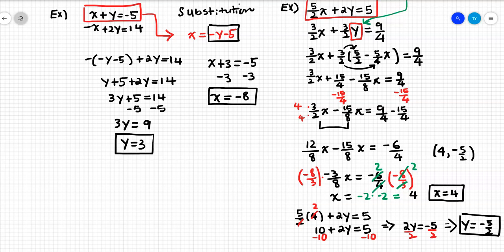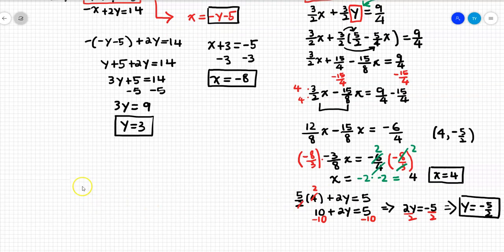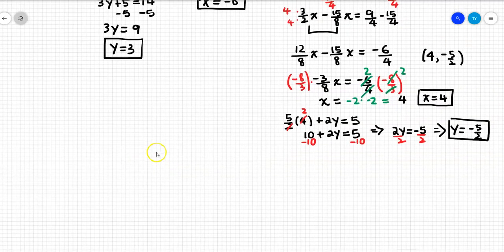It depends on the equations you have. You might want to choose one method over the other one. But I don't have any preference unless I ask you to do it, either method. Mostly it's going to be up to you.